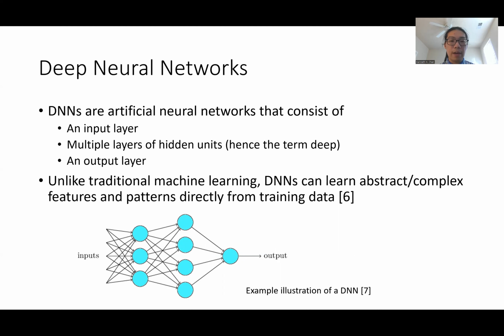In a real system, we may have millions, if not billions, of these connected nodes, such that when we pass in the input image, these nodes apply mathematical operations in order to abstract complex features directly from the training data. And then finally, we have our output layer. In our medical imaging example, this might be the presence of a condition or not, and maybe what type of condition is present in the image.